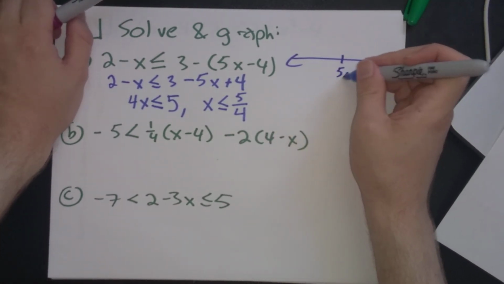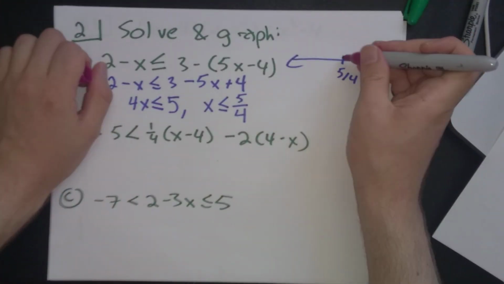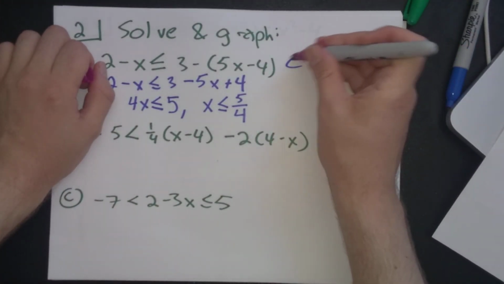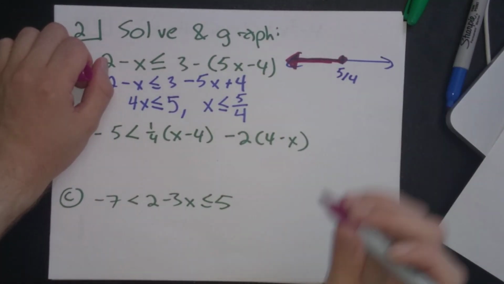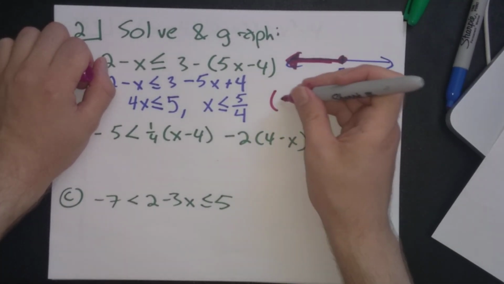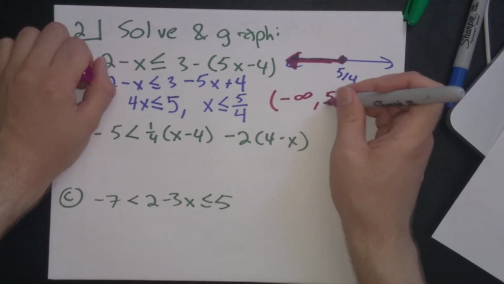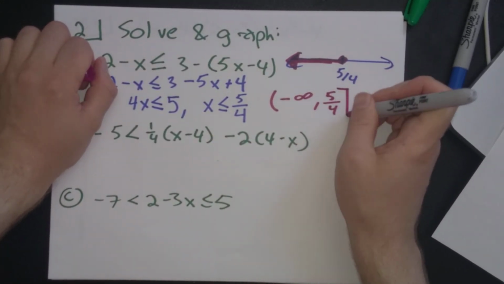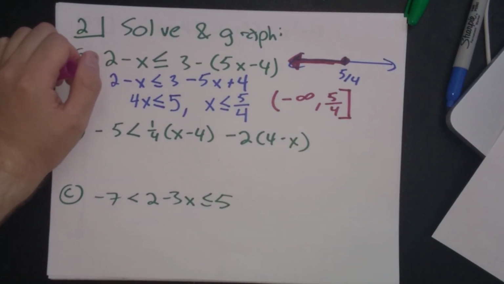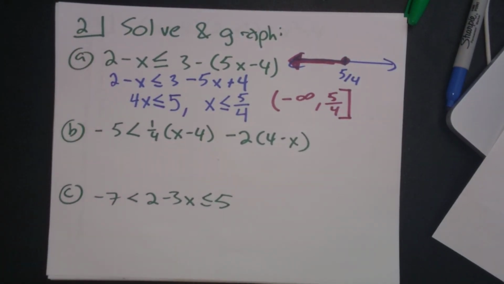So there is 5/4. So let me graph this. And let's write our answer in interval notation. So minus infinity to 5/4. And this is less than or equal to, x can equal 5/4. So we put a square bracket there to indicate that x can equal 5/4.